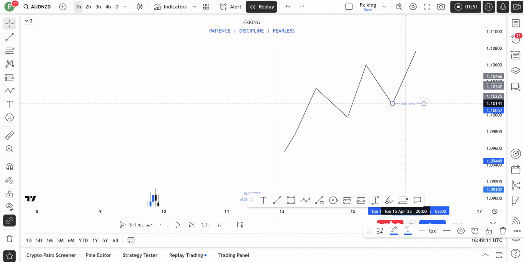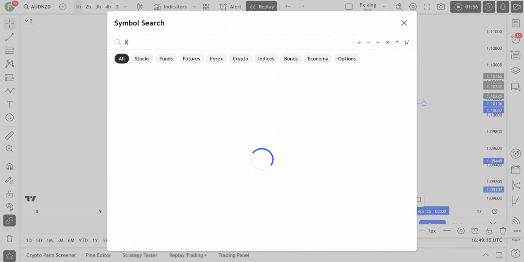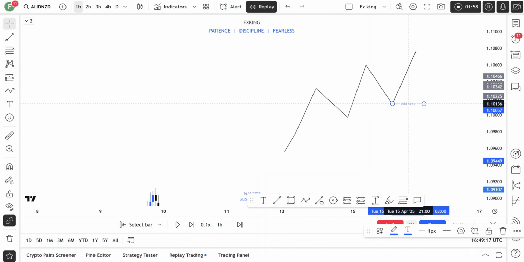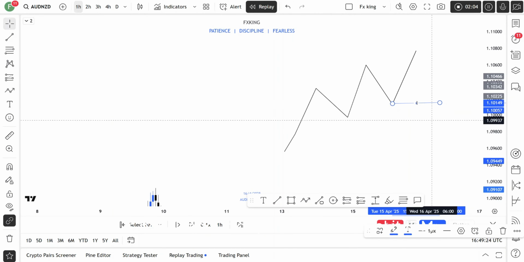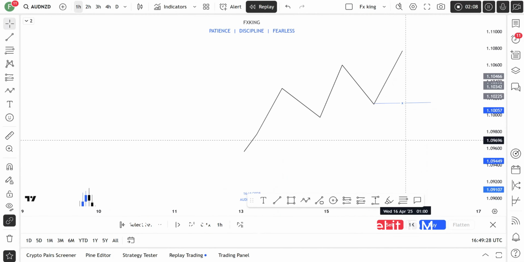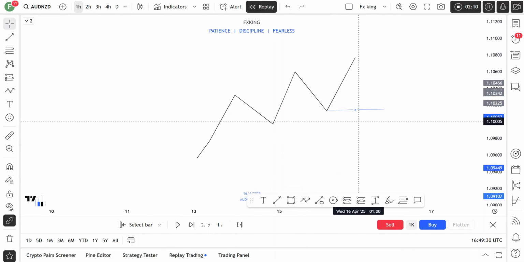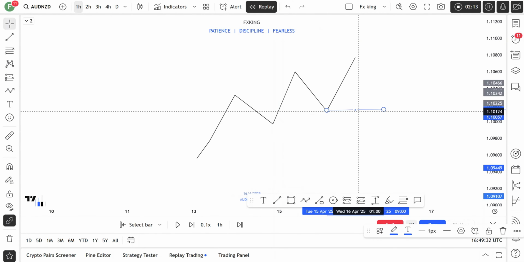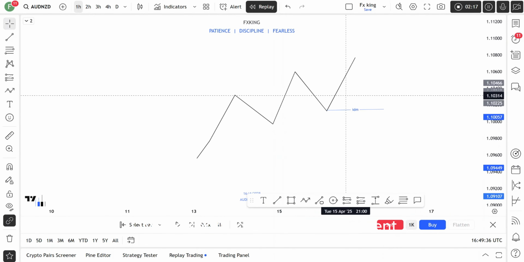So when you see me labeling my charts with an X like that, that is how I label it. Or you can also label it IDM, like this. IDM, the short form of inducement.